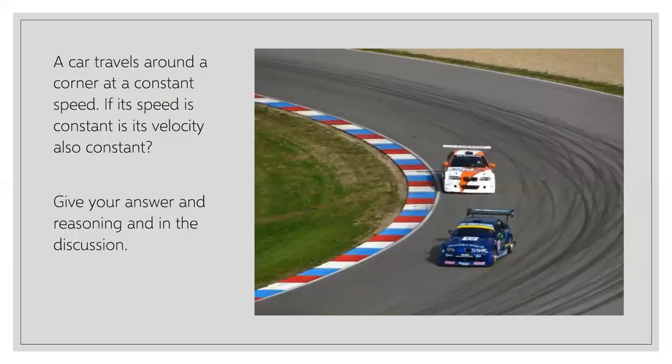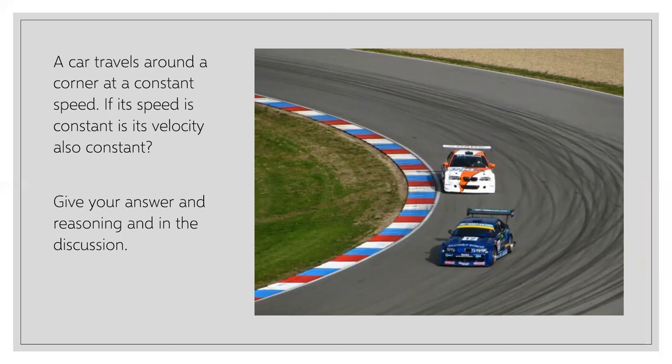All right, quick question. A car travels around a corner at a constant speed. So maybe we're going 180, 200 kilometers per hour. If its speed is constant, is its velocity also constant? If its speed isn't changing, does that mean its velocity isn't changing?